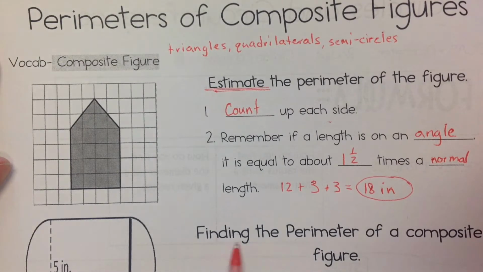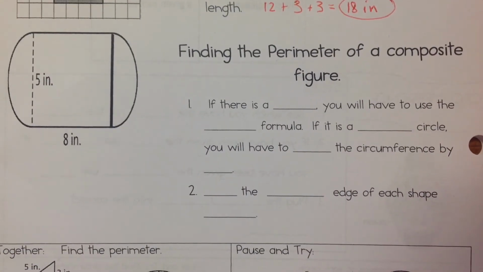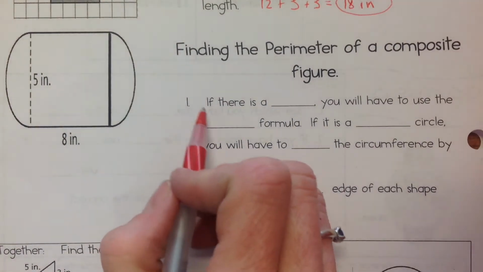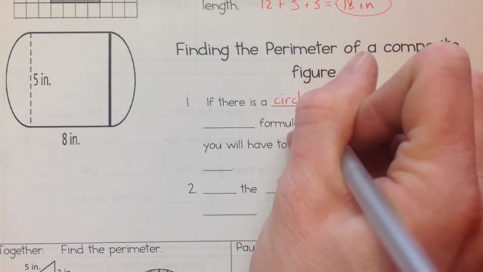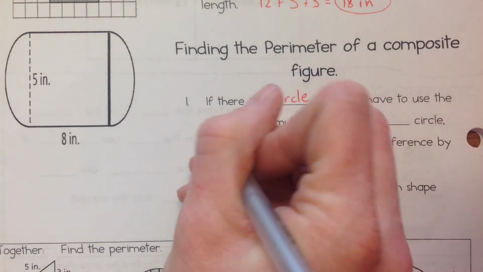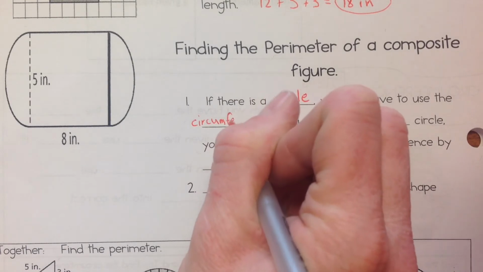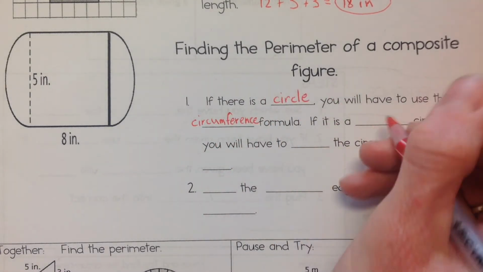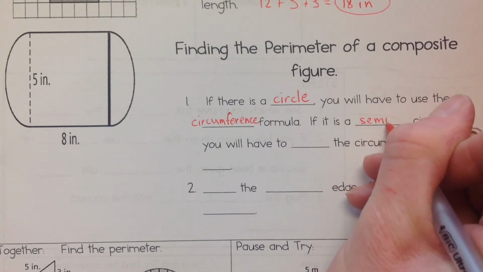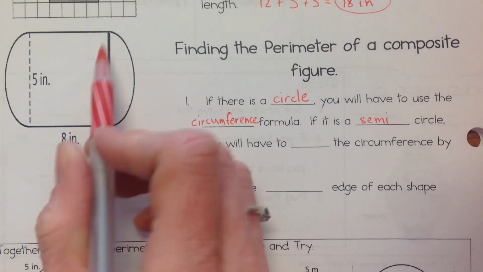Okay, let's go down to this, finding the perimeter of a composite figure. When we don't have to estimate, we want to find the actual. Okay, so our steps here. If there is a circle, we learned this yesterday, you will have to use the circumference formula. If it is a semicircle, so if you guys don't know what semicircles are, that would be half of a circle, okay, like we see here.